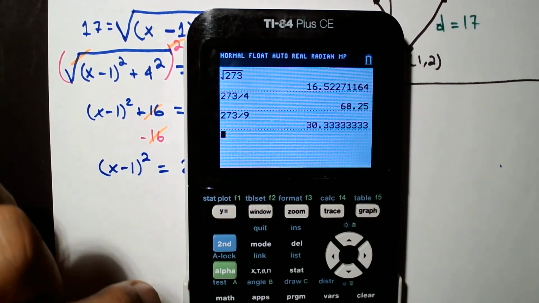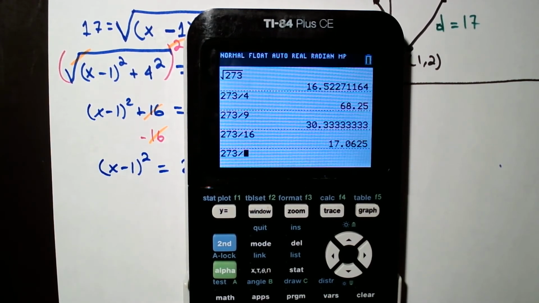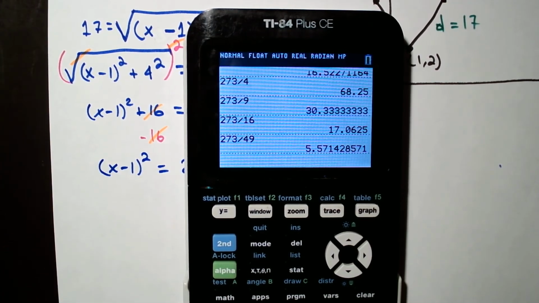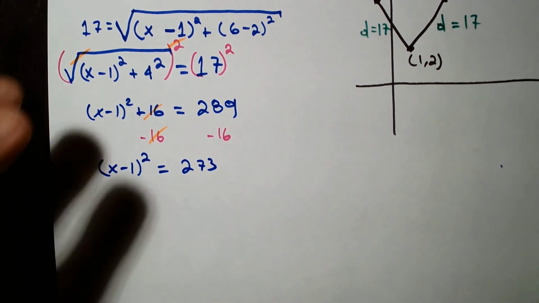What's the next one? 16, no, it's not going to work. 25 is clearly not going to work. And so nothing is going to work here. 36, 49, let me see if 49 works. Nope, that's not going to go. So we're going to leave it like this, the square root of 273.